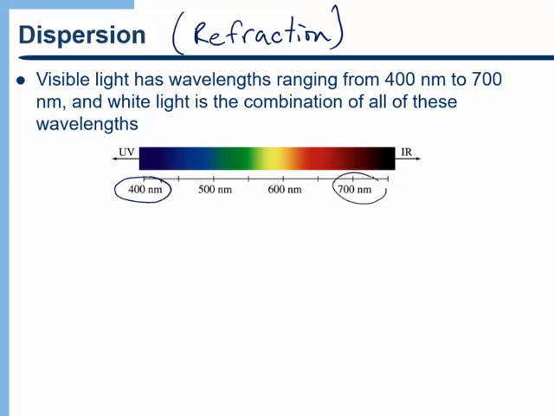Up at the 700 nanometer wavelength, that's where red is. And obviously, if we're on either side of that, we get out of the visible part of the spectrum into ultraviolet or infrared. When all of these wavelengths are present, the wavelengths between 400 and 700, then we perceive that as white light. So white light contains all of the wavelengths in the visible part of the spectrum.